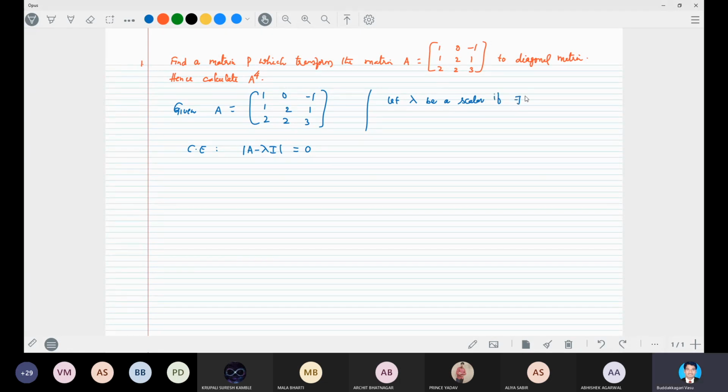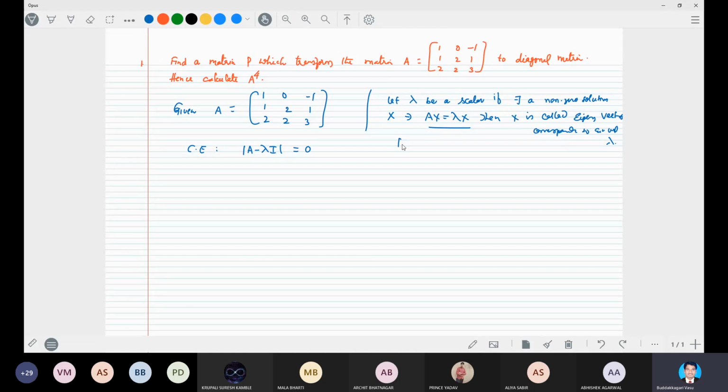If there exists a non-zero solution x such that Ax is equal to lambda x, then x is called the eigenvector corresponding to eigenvalue lambda, right?